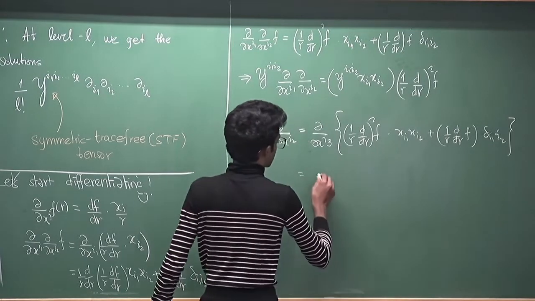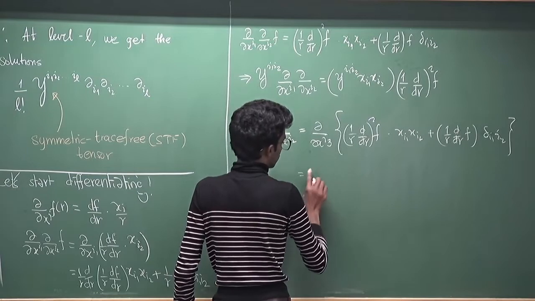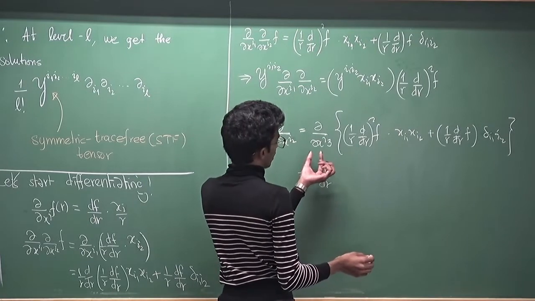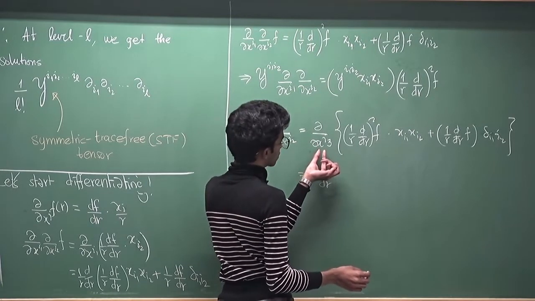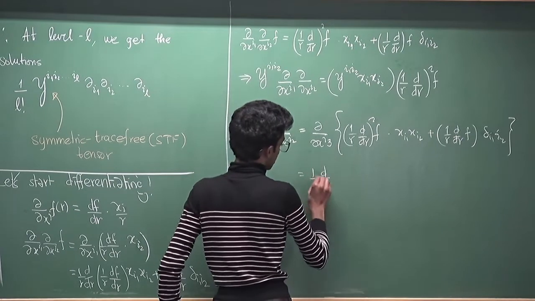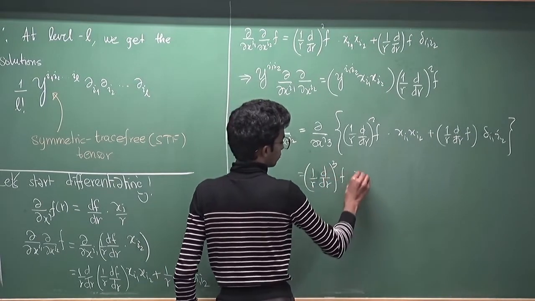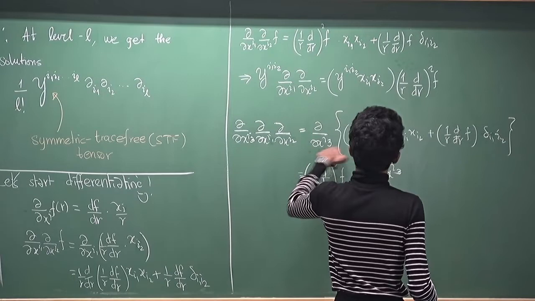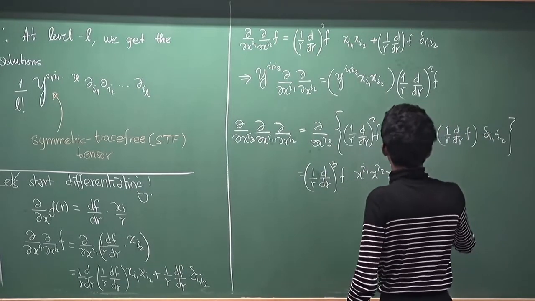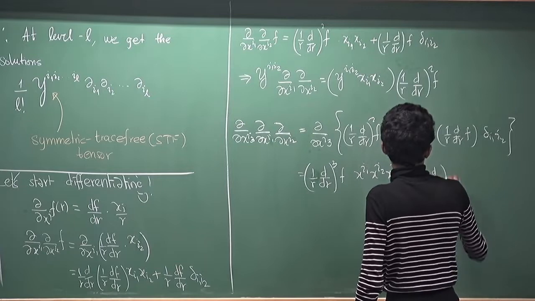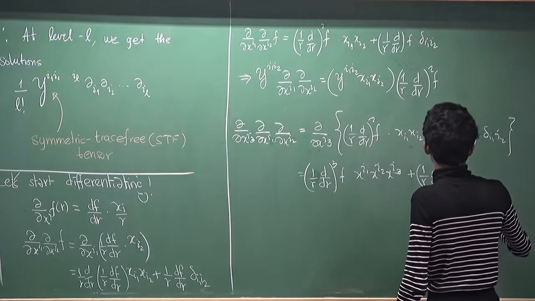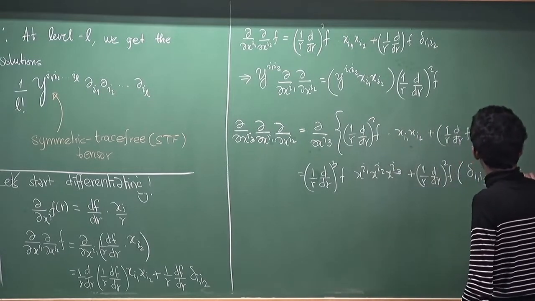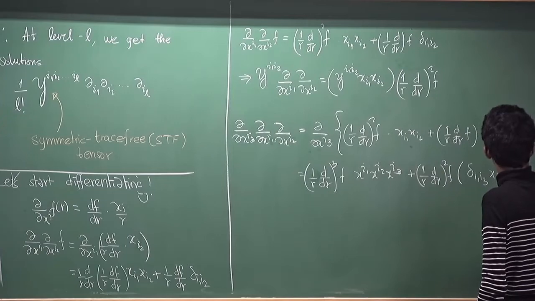When it hits this, it will give you again a d/dr acting on this full thing, and then del r del x, which will just give you an xi3 by r. So that will just be a 1 by r d/dr cubed acting on F xi1 xi2 xi3, and then this will come and hit this, which will give you two delta functions, plus 1 over r d/dr squared acting on F times delta I1 I3 xi2 plus delta I1 I2 xi3.